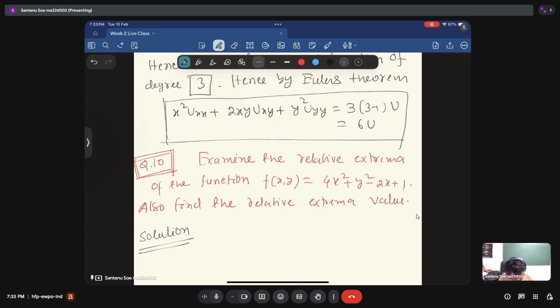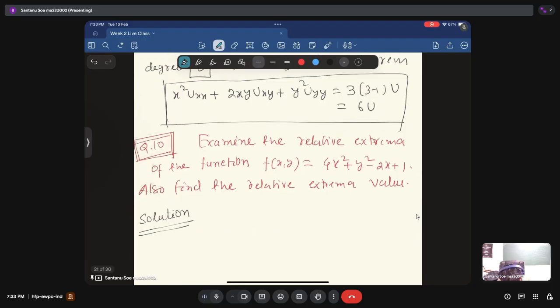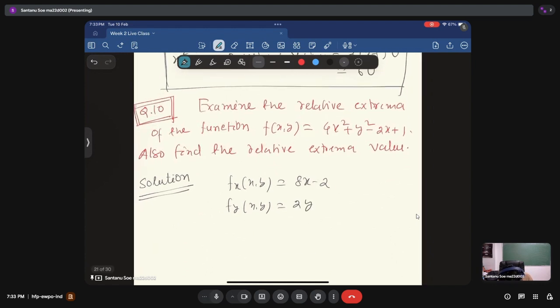Okay, so now the routine calculation we have to do. So now again we'll find f_x at x comma y, which will be 8x minus 2. f_y at xy will be 2y, and also we'll find out f_xx, which is 8. f_yy is 2, and f_xy is going to be 0.